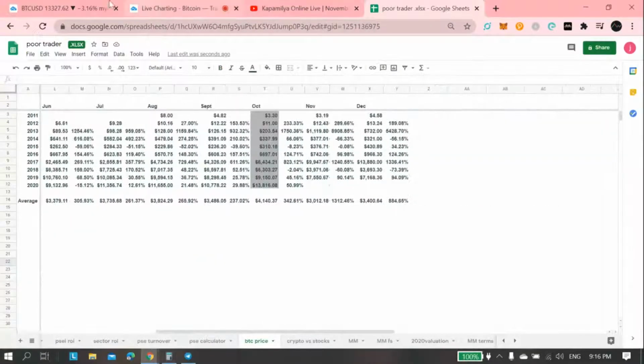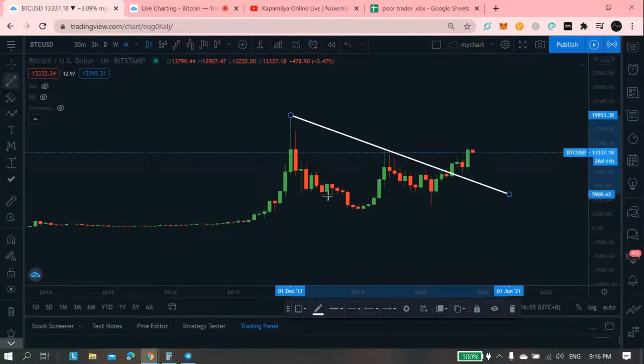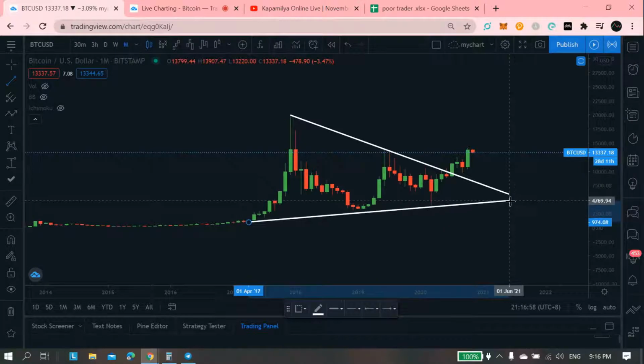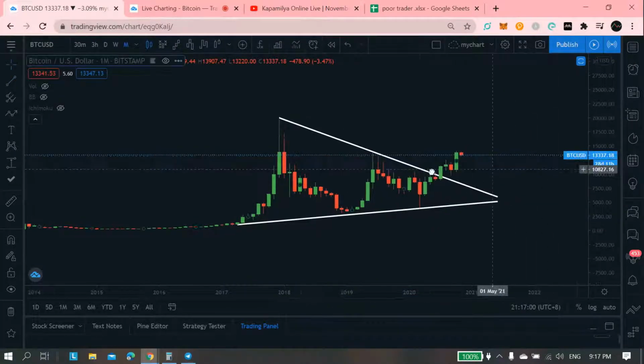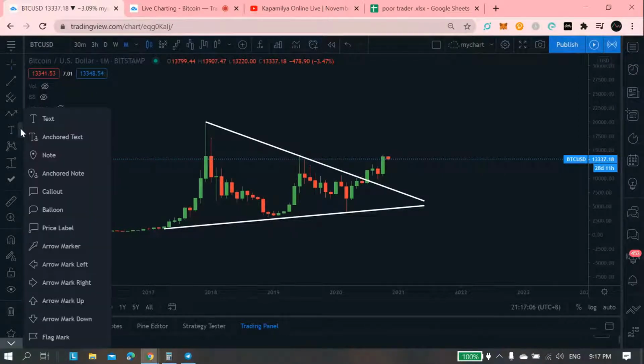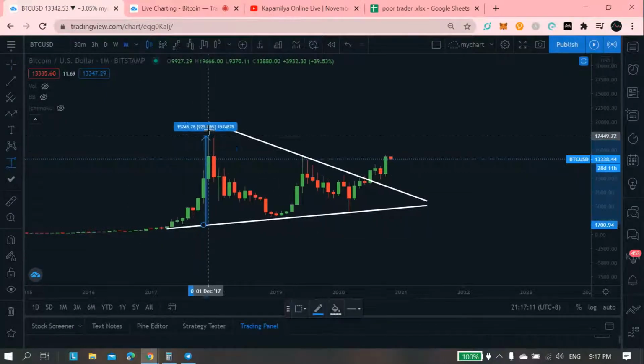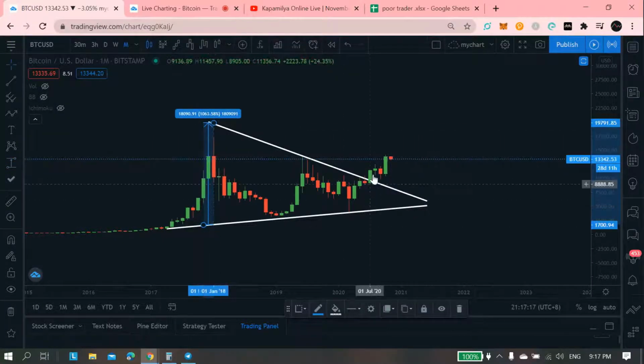So now let's move and analyze this monthly chart. So this is a triangle, a symmetrical triangle, and normally we measure the width or the height of the triangle and put that at the breakout.